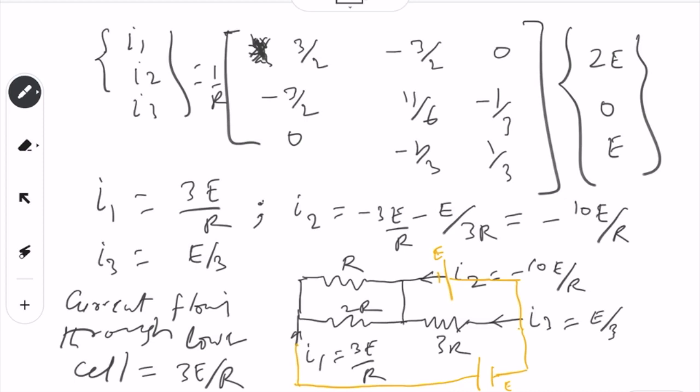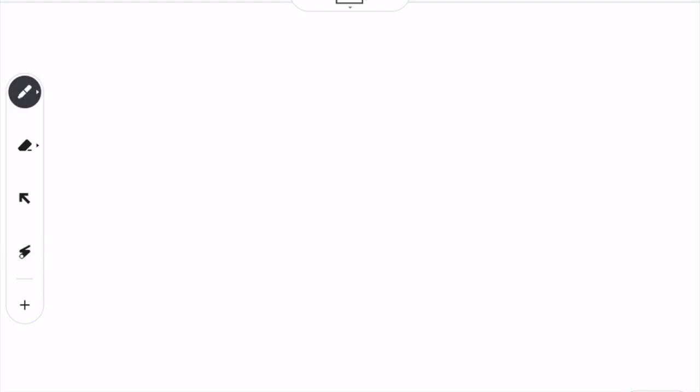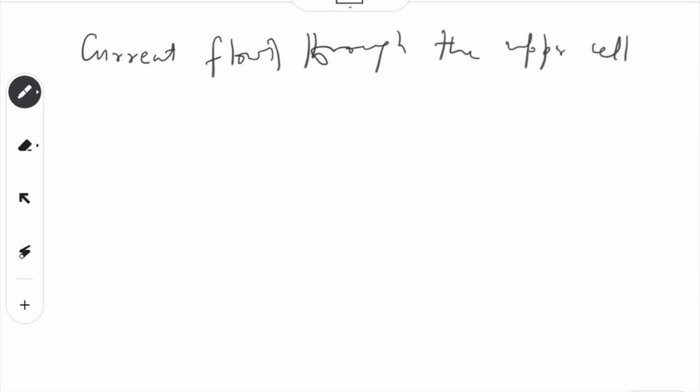Similarly, the current flowing through the upper cell will be equal to 10E over R. And this will be left to right, because actually when we call the value negative, the positive current is from right to left.